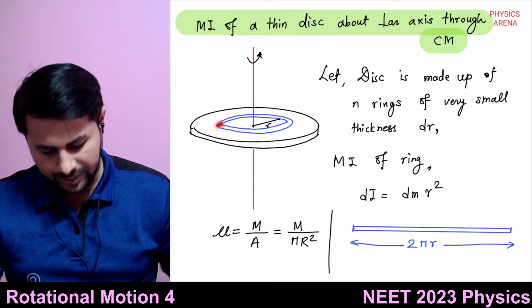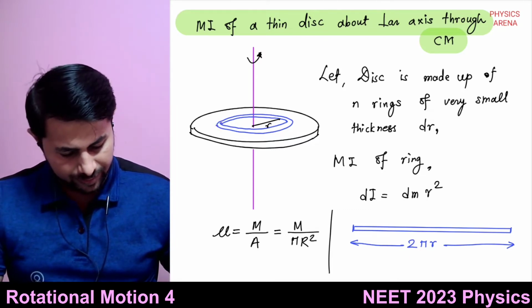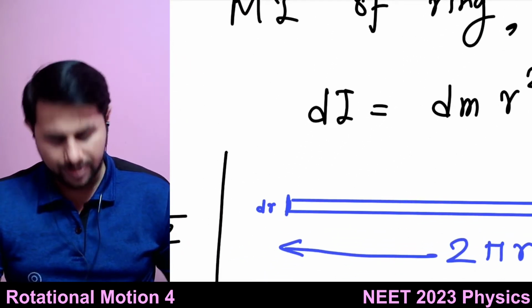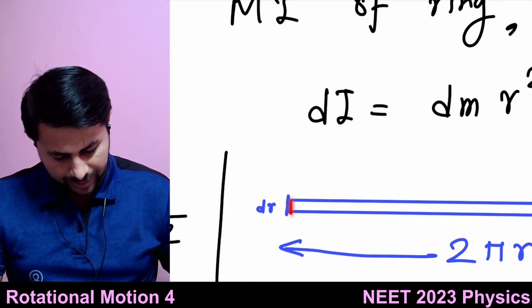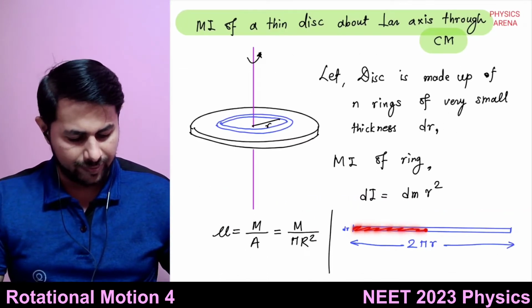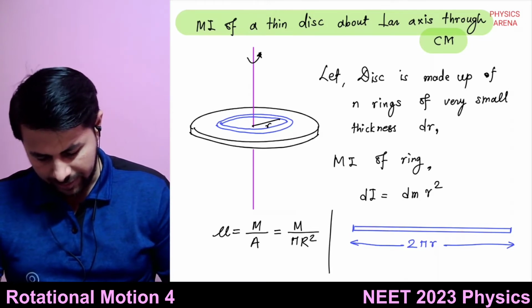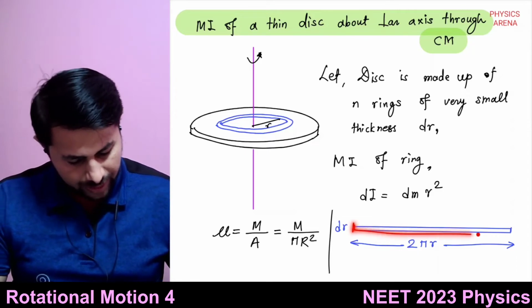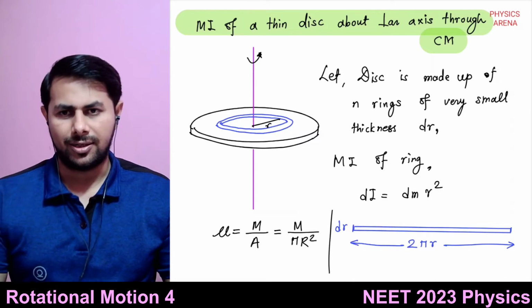So we are saying this thickness is dr. This thickness multiplied by this length would be the area of the ring, right?